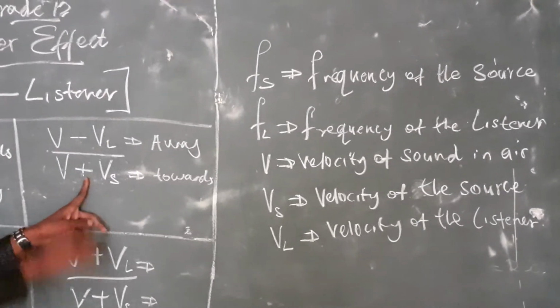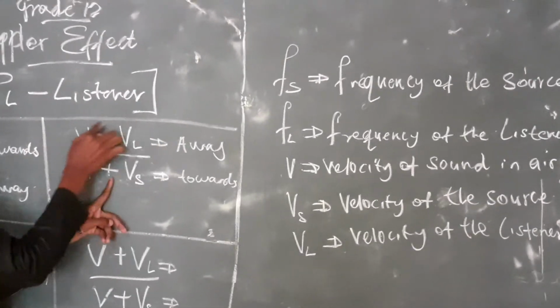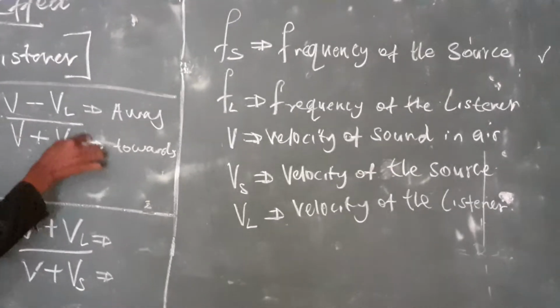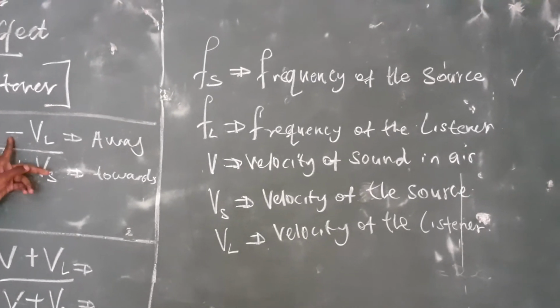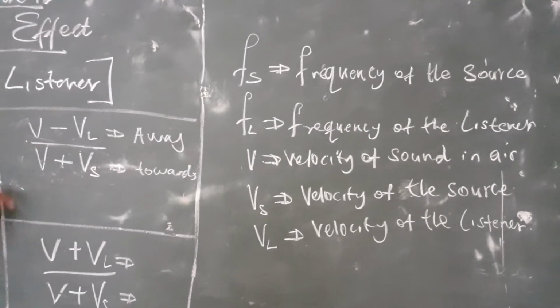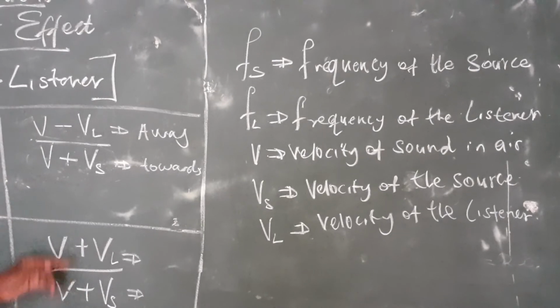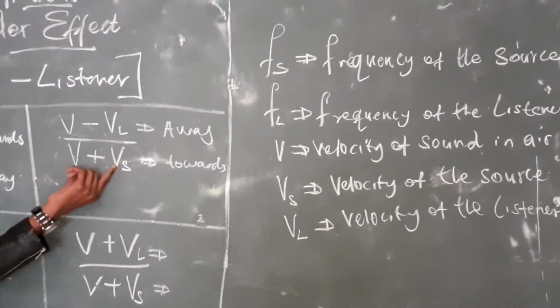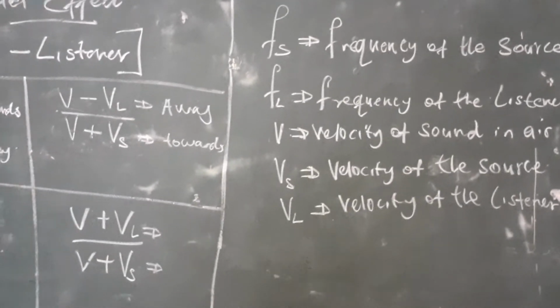So the numerator is going to be smaller than the denominator. If the numerator is smaller than the denominator, then the frequency of the listener is going to go down, because the frequency and this are inversely proportional.